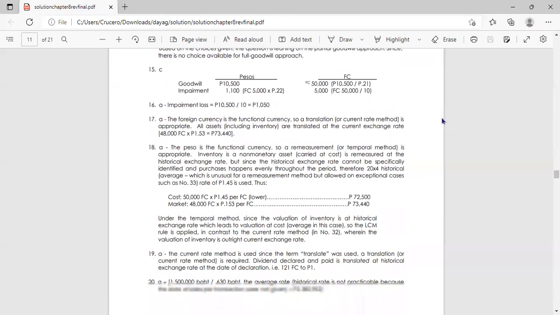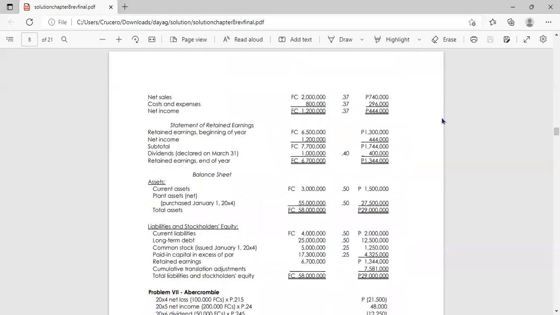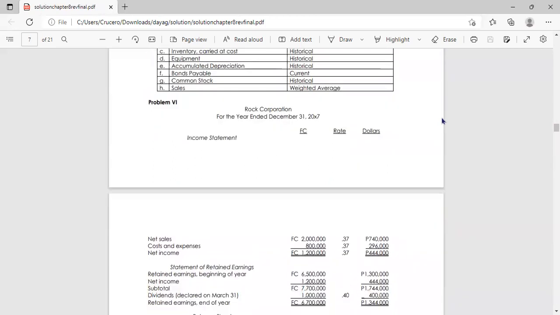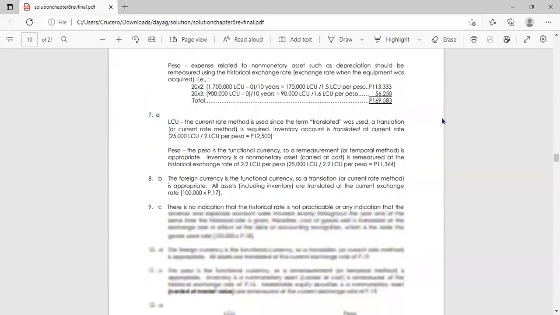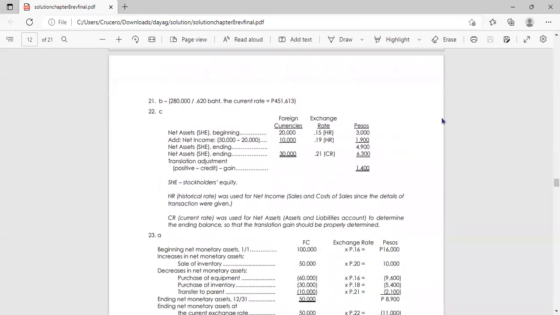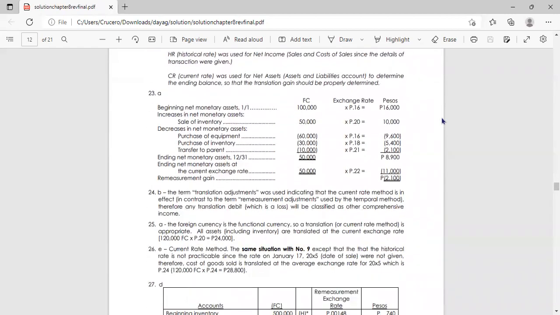So for numbers 25 and 26. In 25, the term translation adjustments was used, indicating that the current rate method is in effect, in contrast to the term remeasurement.